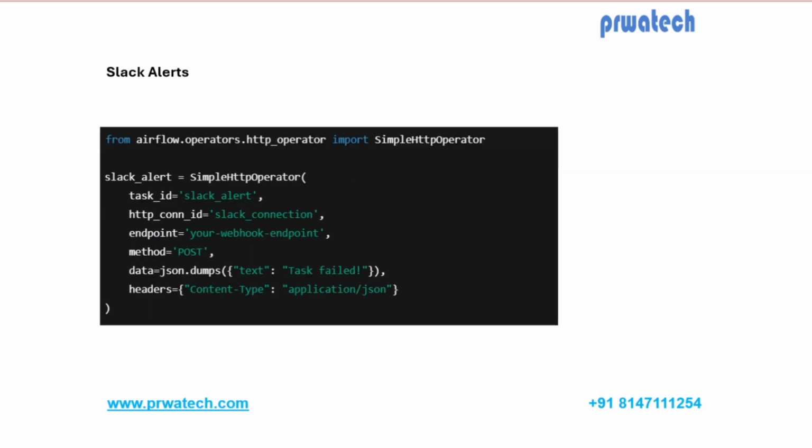Then next we have Slack alerts. We use them to get immediate attention. We use them to alert team channels and keep everyone informed. It is great for 24/7 teams or DevOps monitoring.